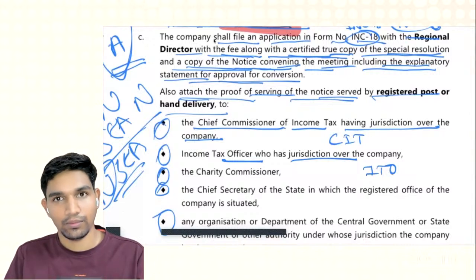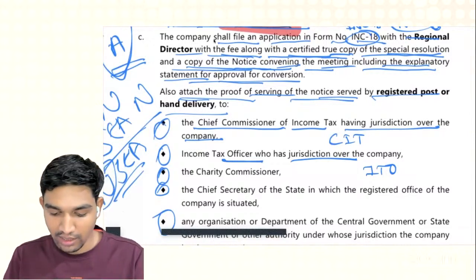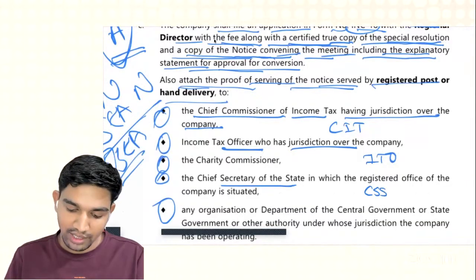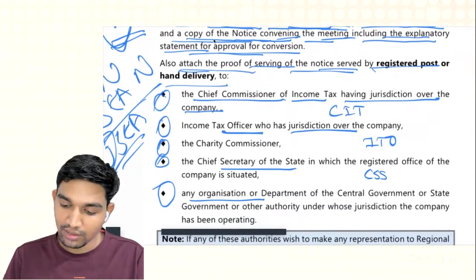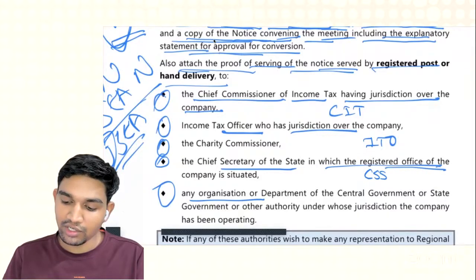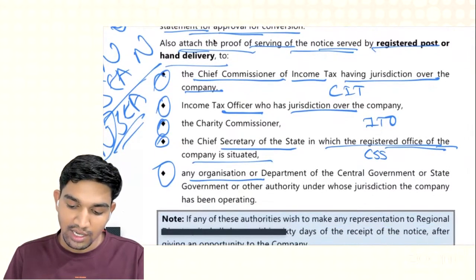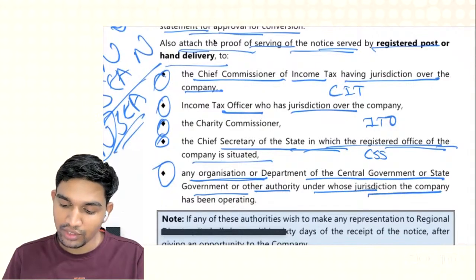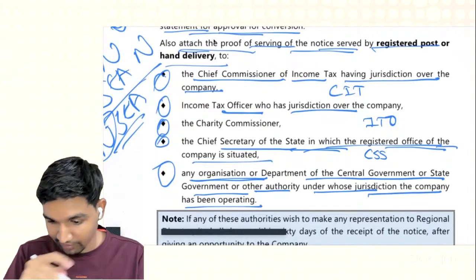So you have to send the notice to CIT, ITO, then the Chief Secretary of the state in which the registered office of the company is situated, and any organization or department of the central government or state government or other authority under whose jurisdiction the company has been operating.